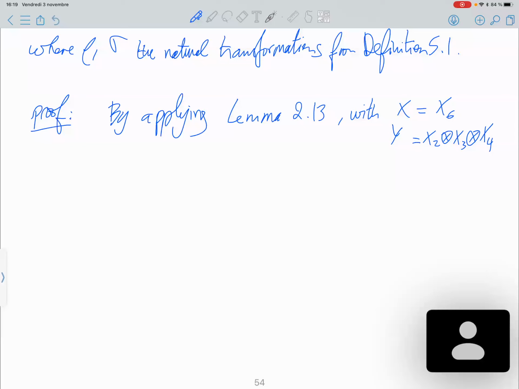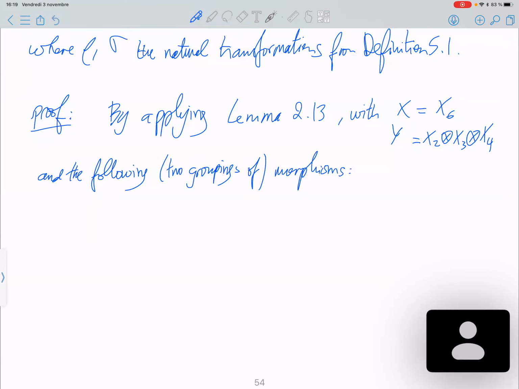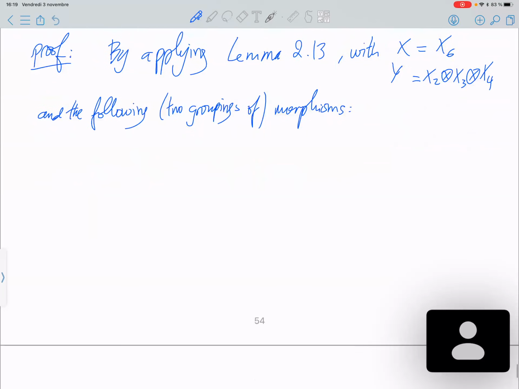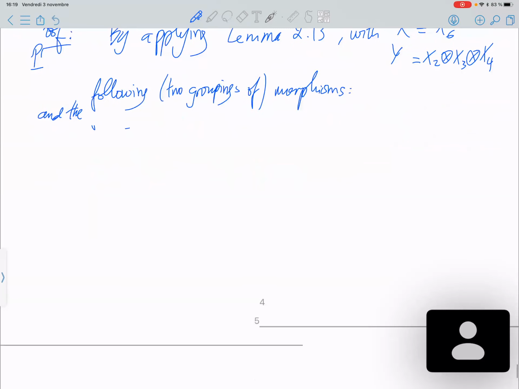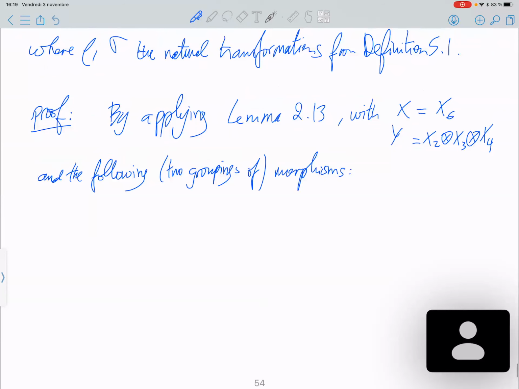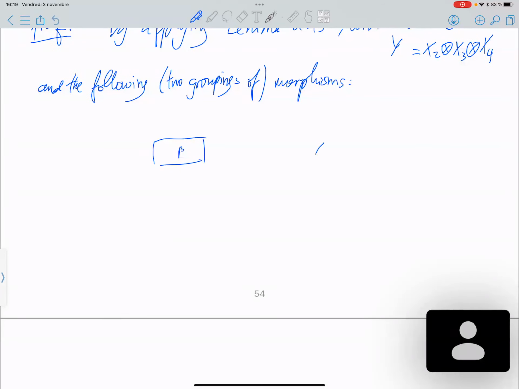But here it's a bit more tricky. So to be understandable, I have to draw the following two groupings of morphisms. So let me quickly redraw the monoidal tetrahedron.